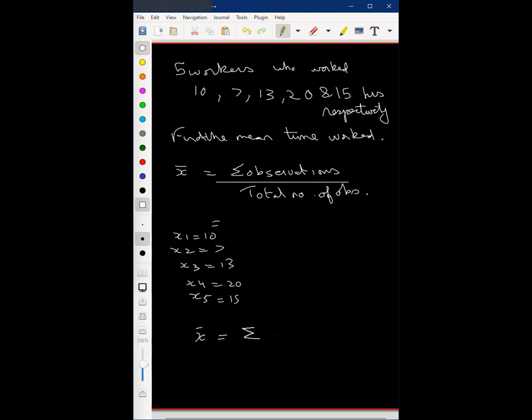So this is sigma x of i, where i ranges from 1 to 5, upon the number of observations. We are going to study about this in the later class also. So what does this basically mean? x1 plus x2 plus x3 plus x4 plus x5 upon how many people are working? 5. So this will be upon 5.